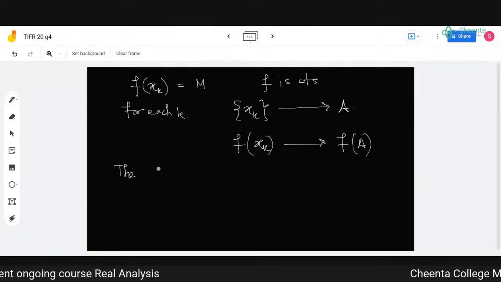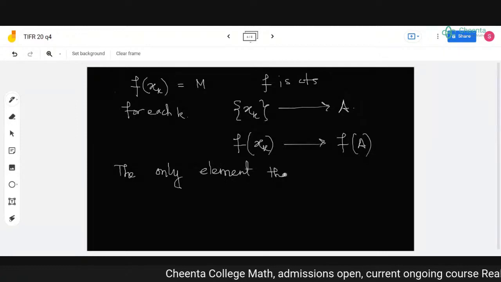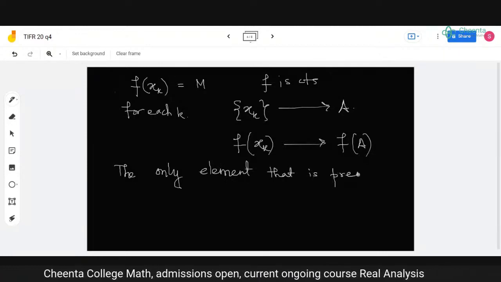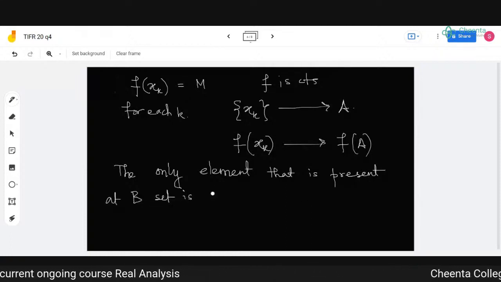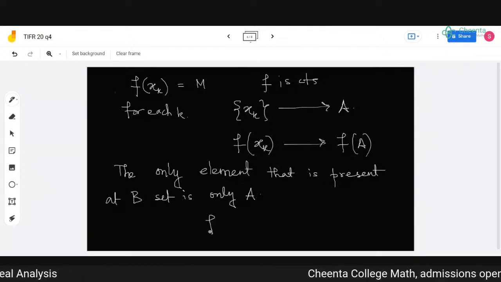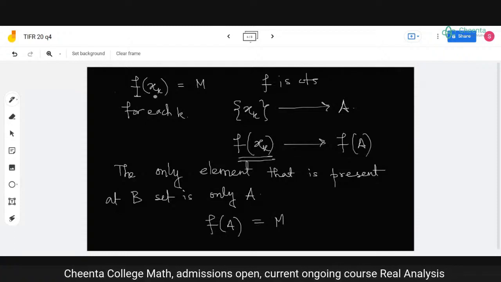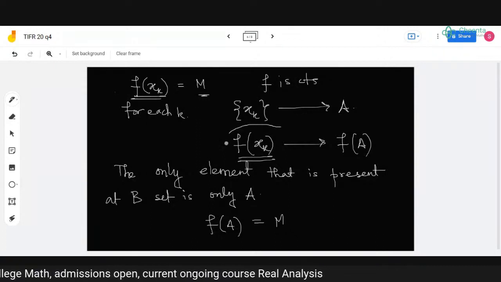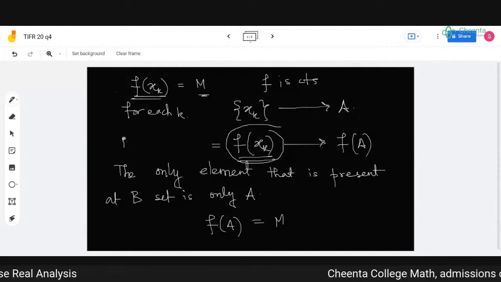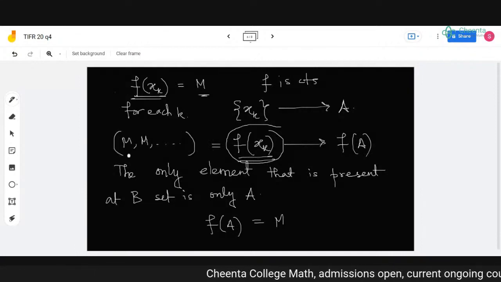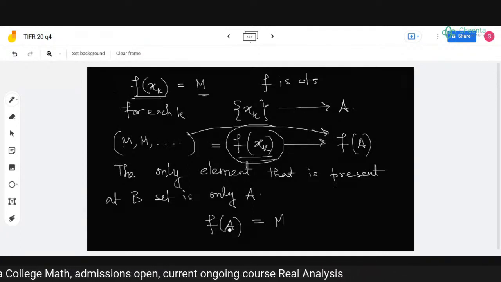It means that the only element present in the set is a, because f(a) is precisely m. Why? Each of these f(x_k) is m. If you take the sequence, it is nothing but m, m, and it goes on like this. This is a constant sequence converging to f(a), so f(a) has to be equal to m.